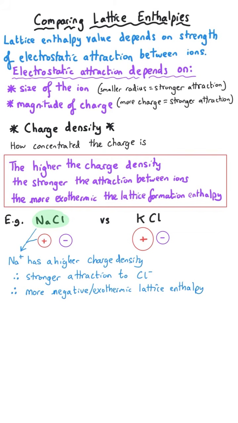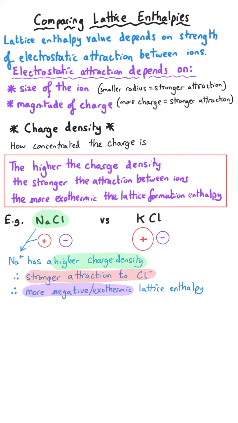Therefore its charge is more concentrated, because both of them are singly positive ions. So you could say that sodium has a higher charge density as an ion than potassium. As a result, the electrostatic attractions will be stronger in NaCl than in KCl, and so the lattice enthalpy will be more exothermic.